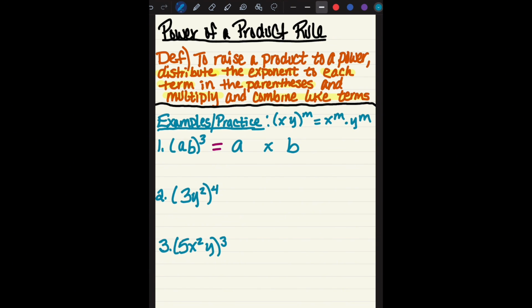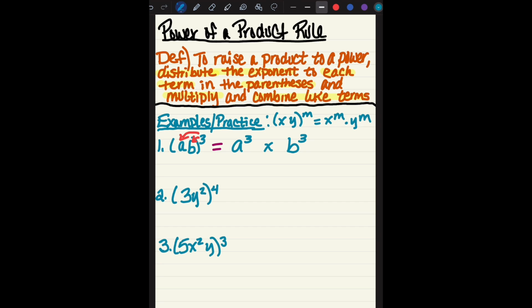Next we distribute the 3 to a and to b. We add the 3 here, and we add the 3 here. So number one, our answer is a cubed times b cubed.